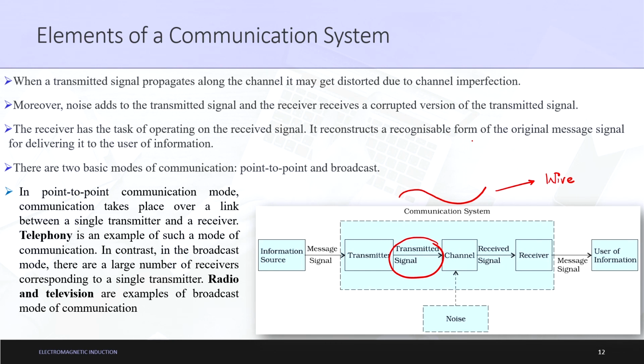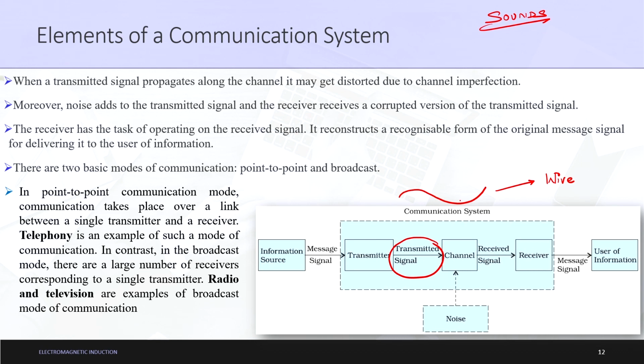In your radios also, when the information comes to you, you get a jijik sound, and then you have to rotate the antenna or change the frequency so that you can get a clear sound. All those sounds that appear are nothing but noises. Why are these noises coming? This is because the channel we are using is not completely perfect, it is not 100% ideal.